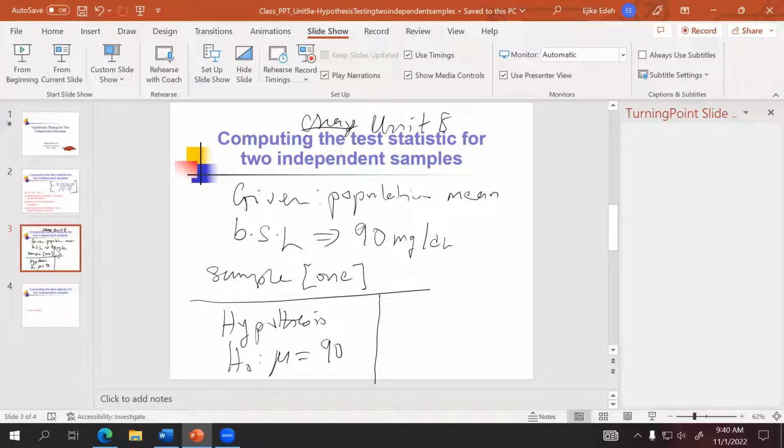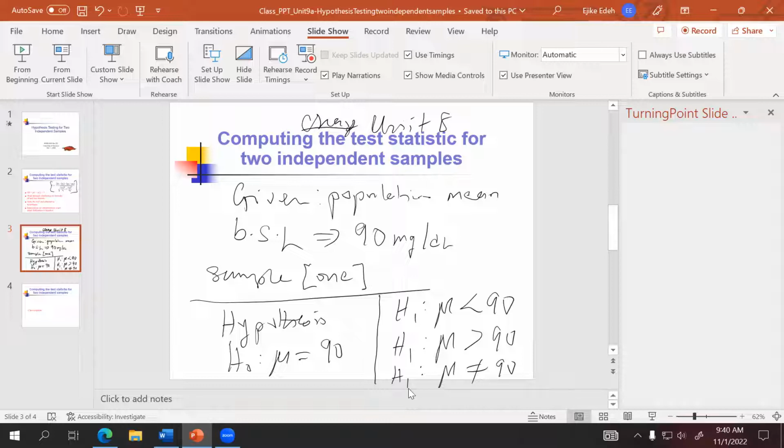H1 could be that the population mean is less than that. Another way is to claim that the population mean is greater than that. These are all alternatives, right? A third way to approach that is to say the population mean is not equal to that.